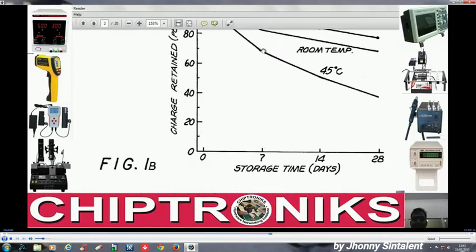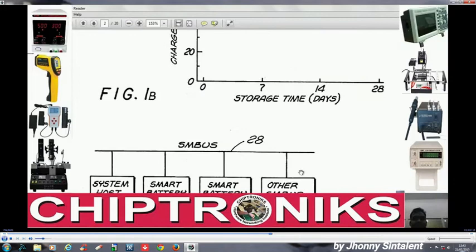And let's go to the block diagram, and this is the SM bus, right? SM bus is the System Management Bus, and this is quite similar to the I2C bus technology developed by Philips. In this case, this is basically a two-wire connection, one for clock and one for data.